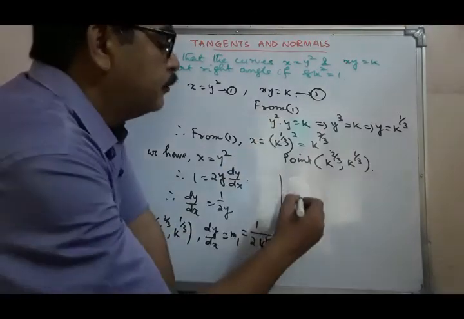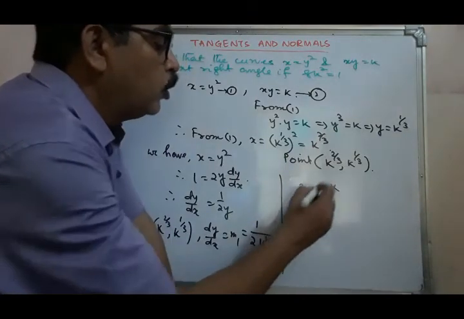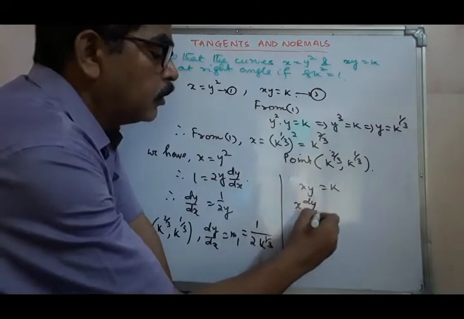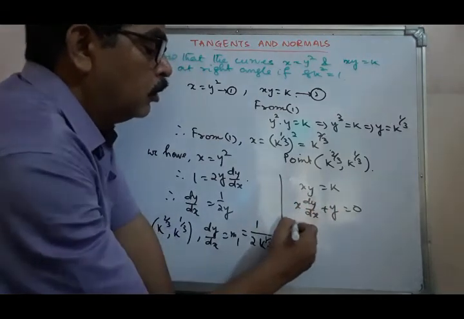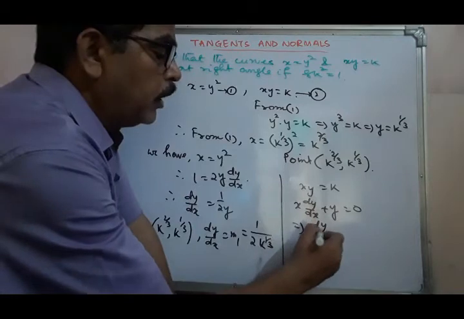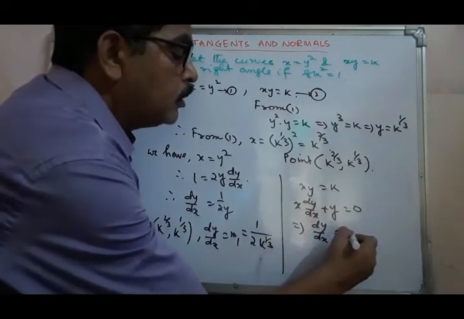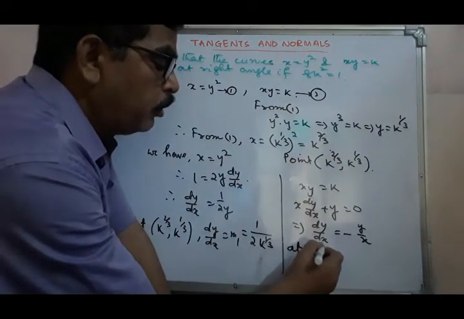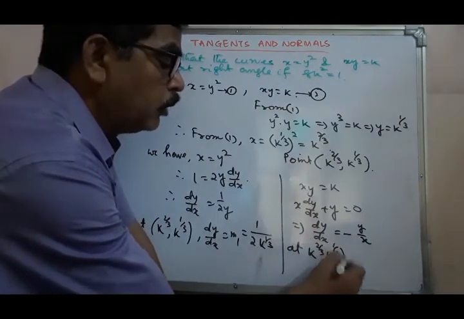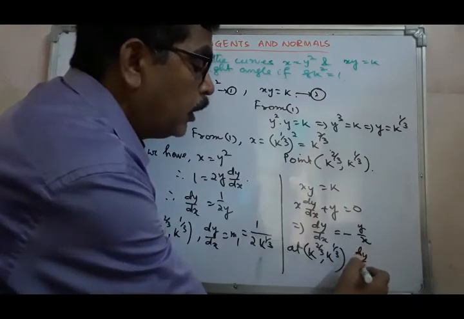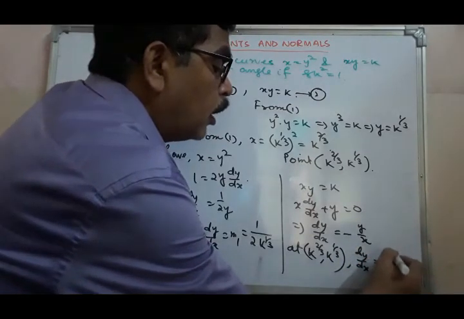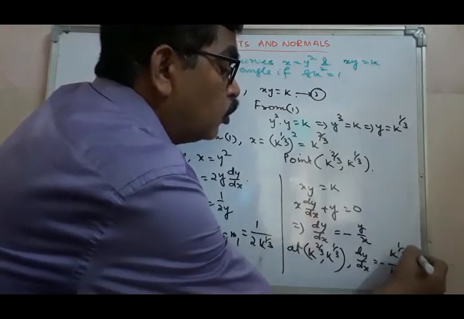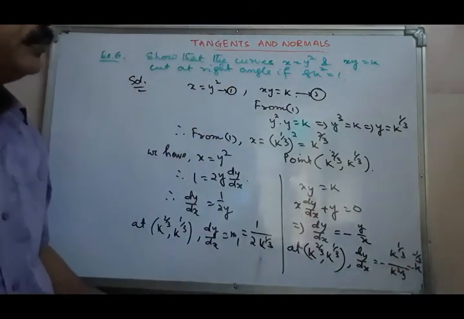From the second curve xy equal to k, differentiating, x dy by dx plus y equal to 0. So dy by dx is minus y by x, at k to the power 2 by 3, k to the power 1 by 3, dy by dx is k to the power 1 by 3 minus k to the power minus 1 by 3.